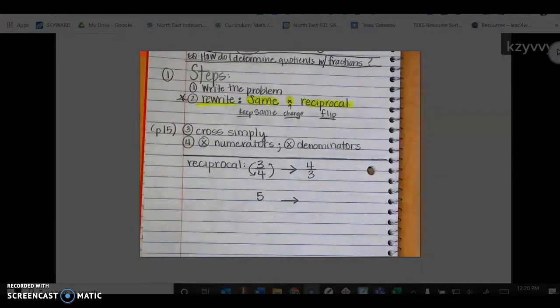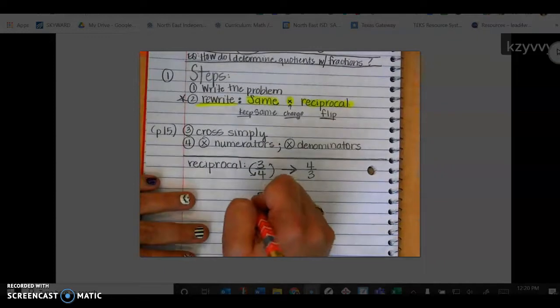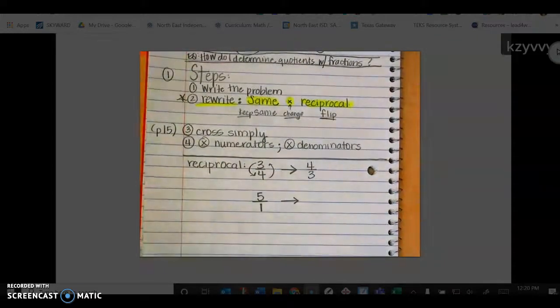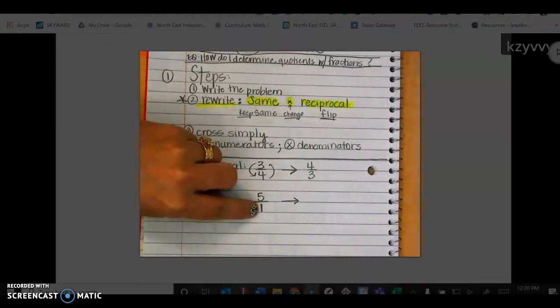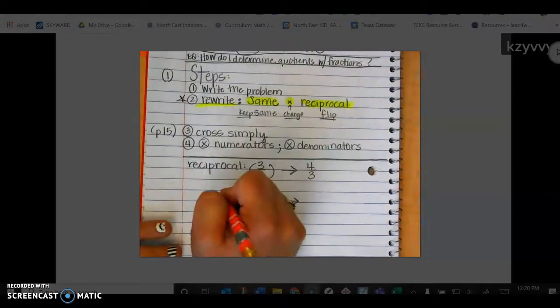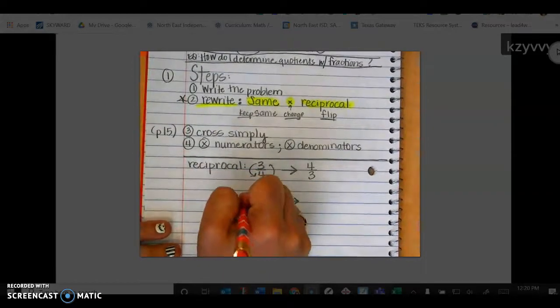But last class, we talked about making 5 into a fraction by dividing it by 1. So if I say 5 divided by 1, I have the fraction 5/1, which is the same thing as the whole number 5 that we started with.